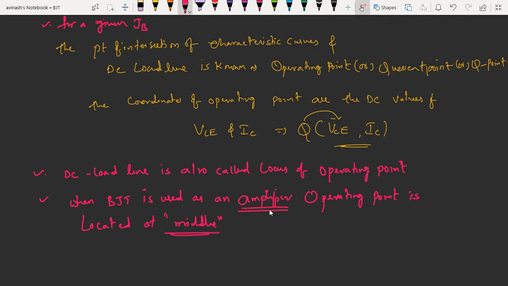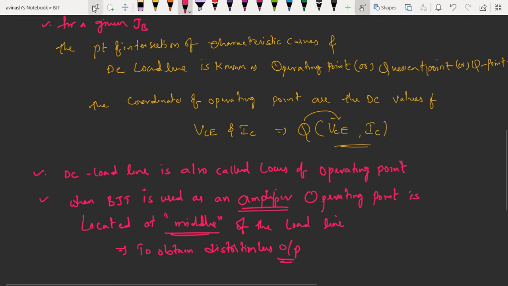Okay, when it is used as an amplifier, it is exactly located at the middle of the load line, to obtain the distortionless output. Okay, I hope this point is clear. We can even solve this by an example.